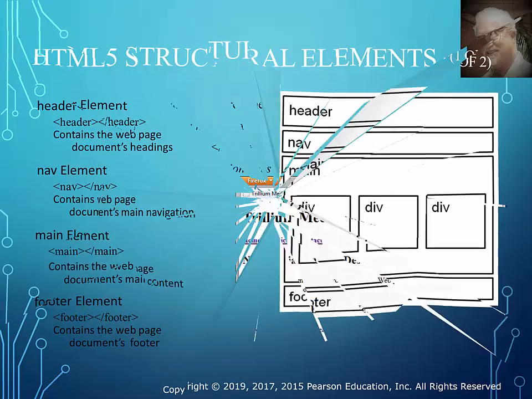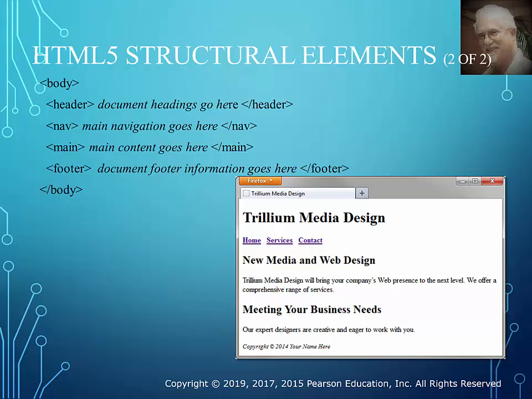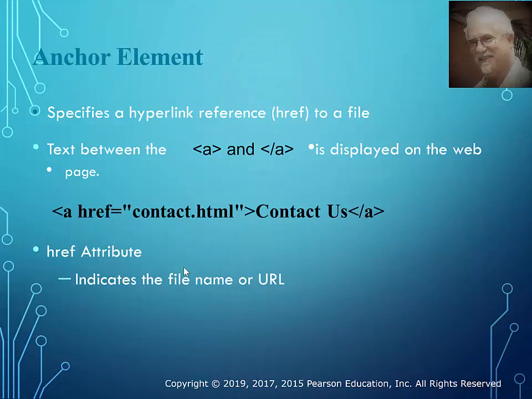And they are used, as you might guess, nav for navigation. Here's a typical structure, if you will. You have a body, you have a header, you have nav, you have main. You probably have some divs inside there, and you have the footer at the end of the body. So all these things are nested within each other. This is a common kind of structure. You're not limited to this, but this is pretty common.